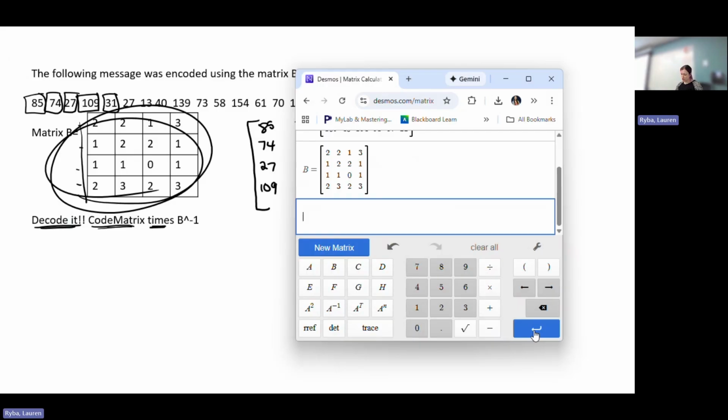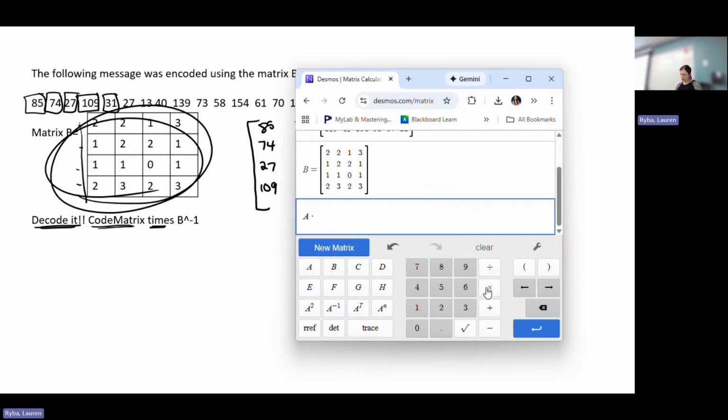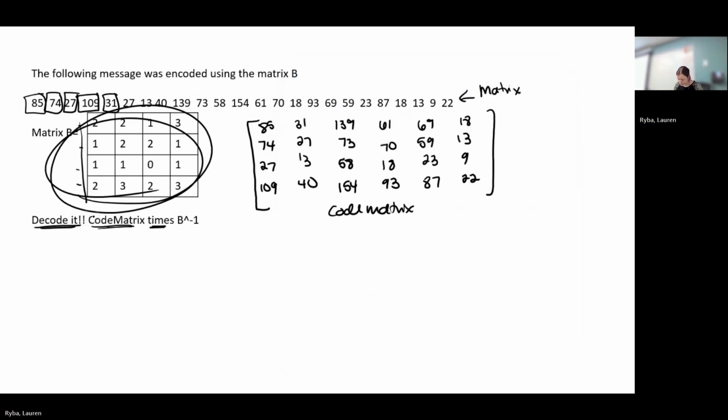Okay, so it says take your code matrix, so that's matrix A, times B's inverse. So B inverse. I did it backwards. Hold on. B inverse times code matrix.